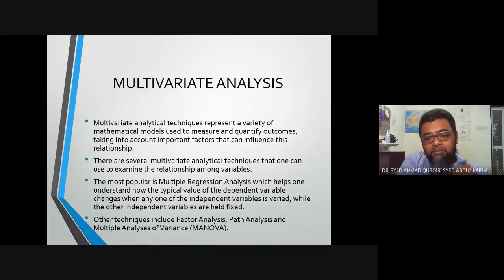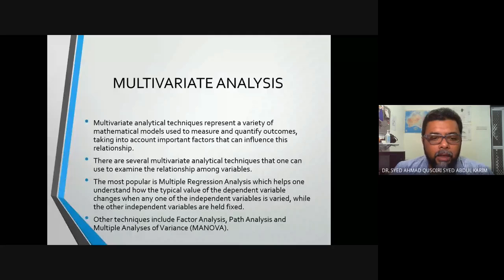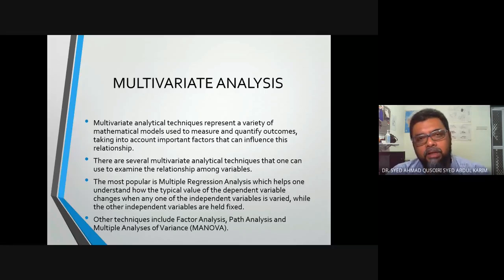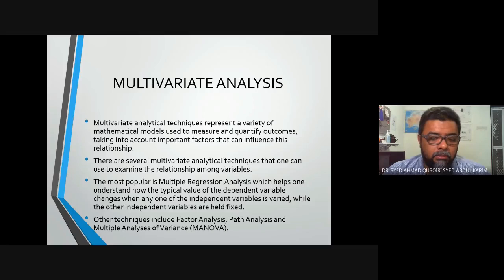Obviously, those techniques are beyond the scope of this video. If you want to use other multiple variable analysis, you can use models like the one I use, SEM, structural equation modeling, or PLS, or a combination of both. You would have a lot more degrees of freedom to identify the relationship between these variables.